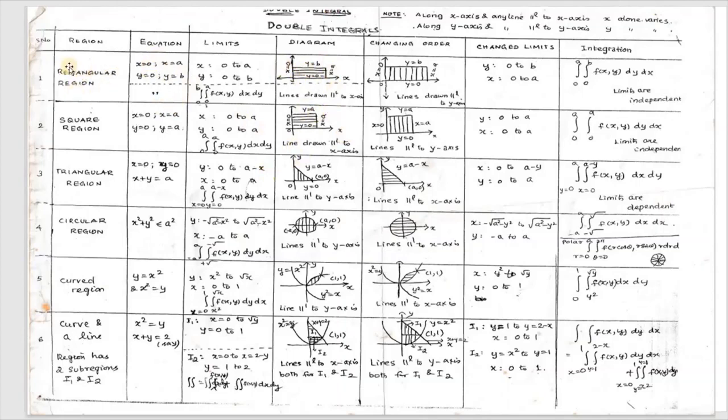When a region is given with an equation like this, how to get the limits, how to draw the diagram, how to change the order of integration, and correspondingly what the limits will be. Here we had the given limits, here the changed limits, and how the double integral from the given one to the changed one will look. That is what is given in a nutshell in this chart.